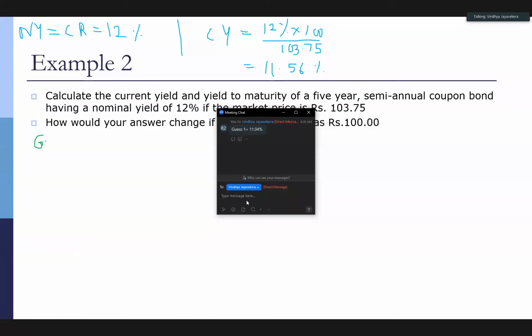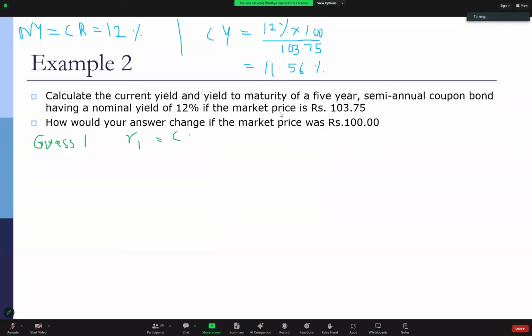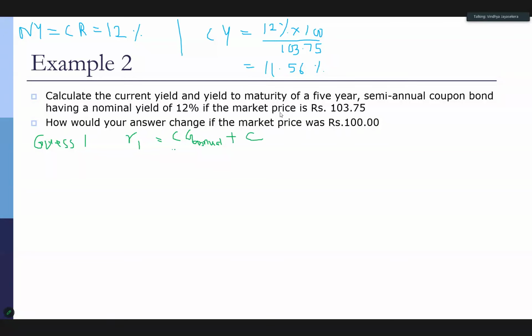So guess one. What are we saying? R1 is your annual capital gain for the year plus your annual coupon as a percentage of your average price.